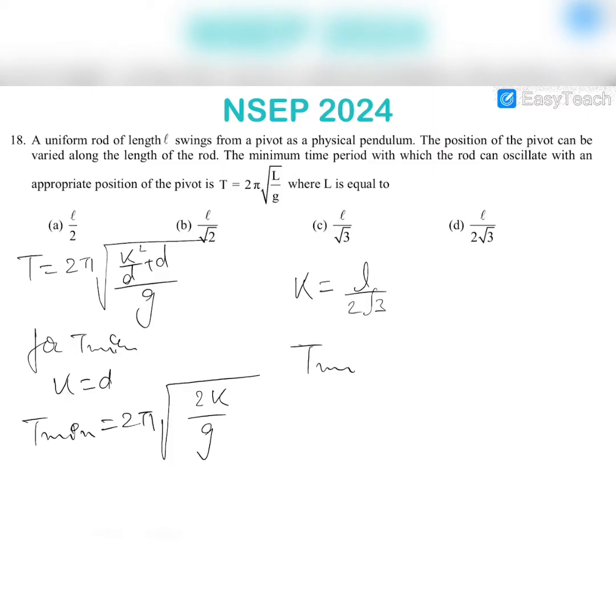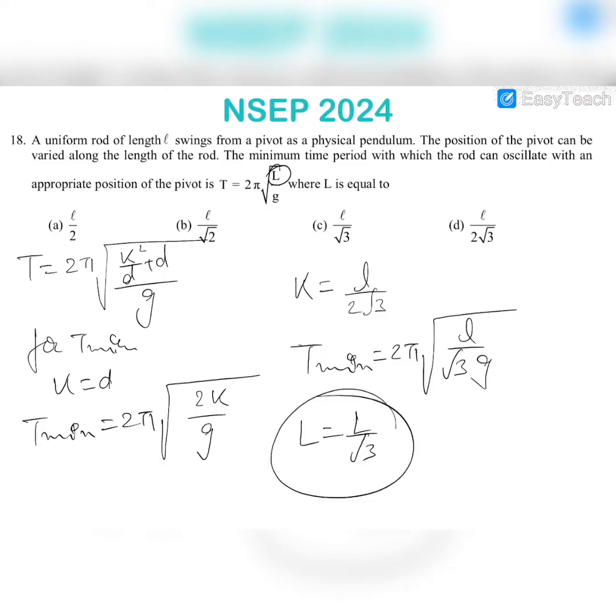So T minimum will be equal to 2 pi under root L by root 3 g. So this capital L will be small l by root 3.